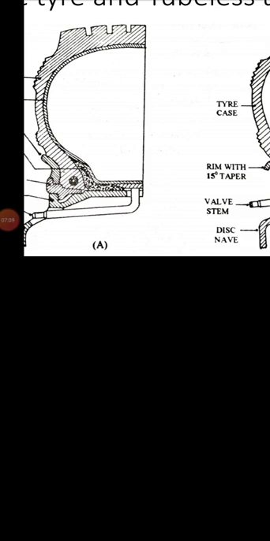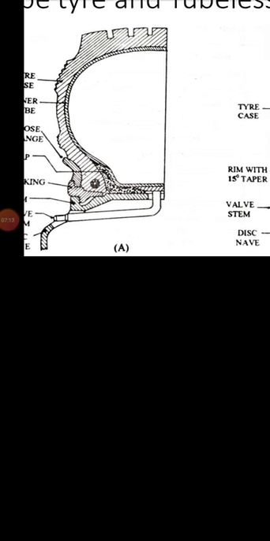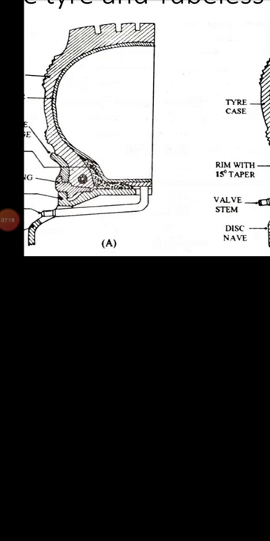This rubber lining acts as the inner tube performed in the tube tire. This inner rubber lining takes a very important role in restricting the air inside the tire.